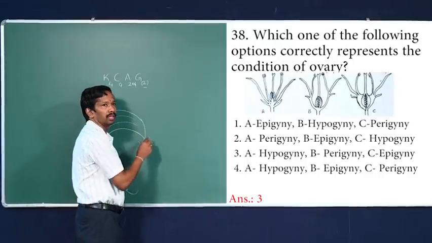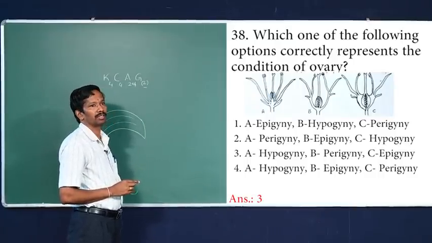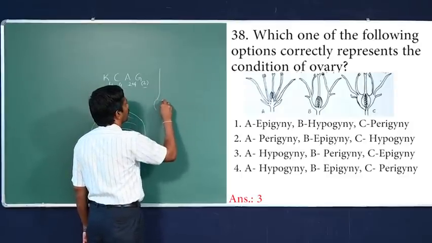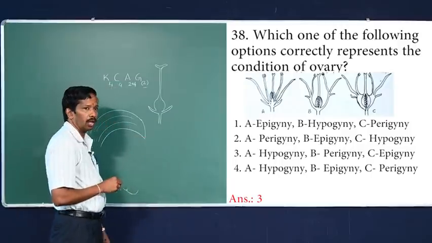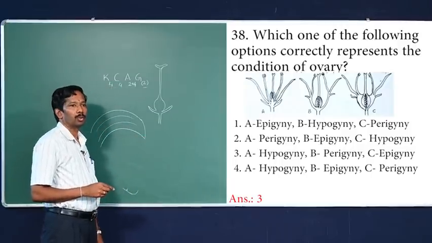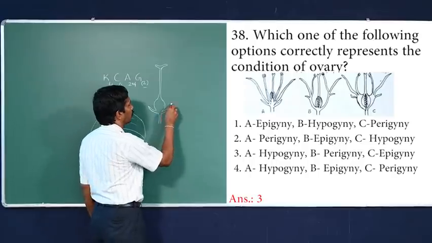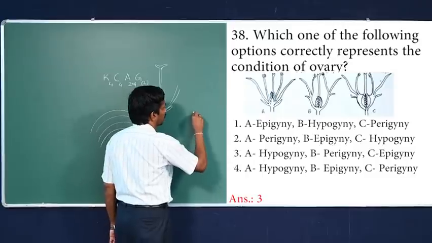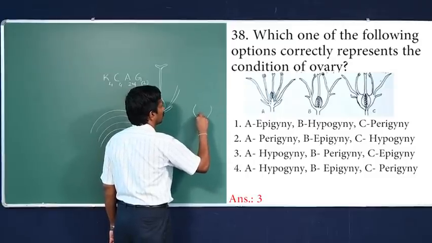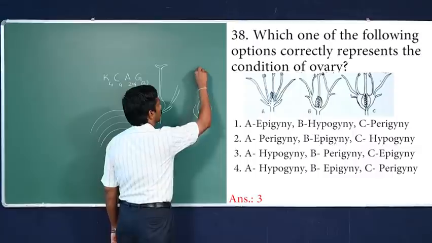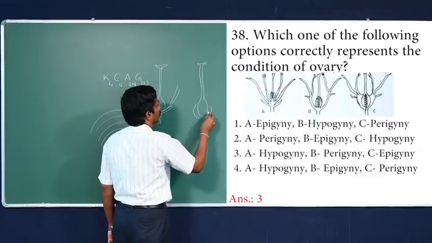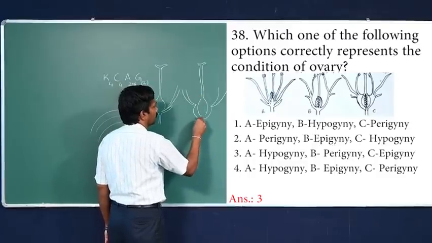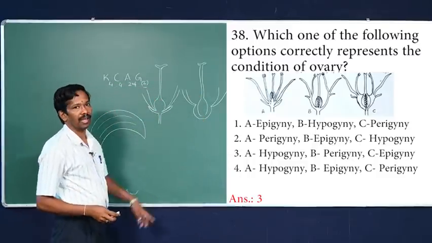The next question, that is which of the following options correctly represents condition of the ovary? When gynoecium is present above the thalamus, this condition is called hypogynous condition, superior ovary is represented, where other floral parts are present below gynoecium. And when thalamus partly encloses the gynoecium, partly not covered, where other floral parts are arising from middle of the ovary, it is called a perigynous condition.